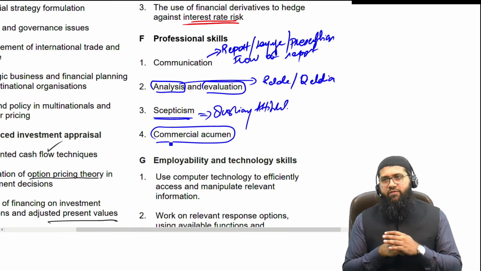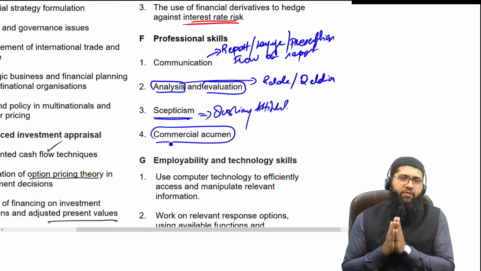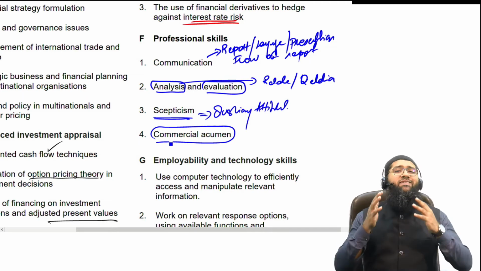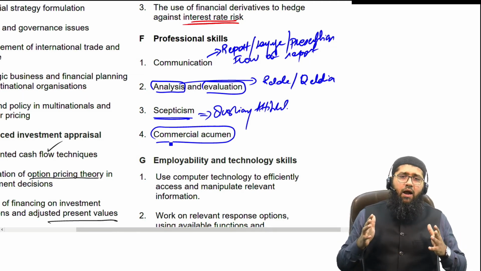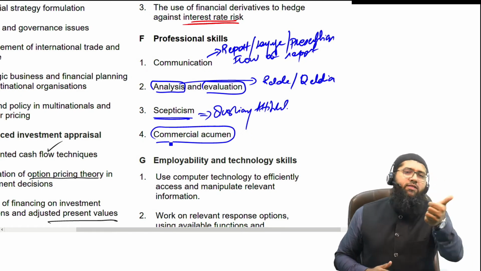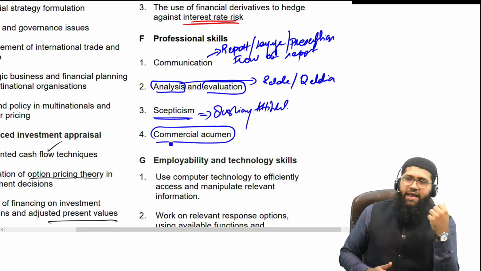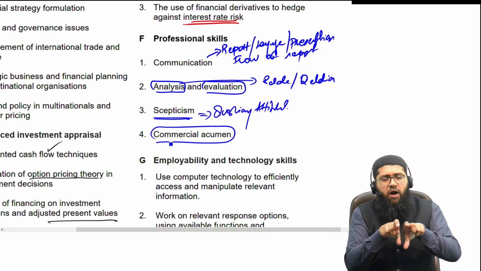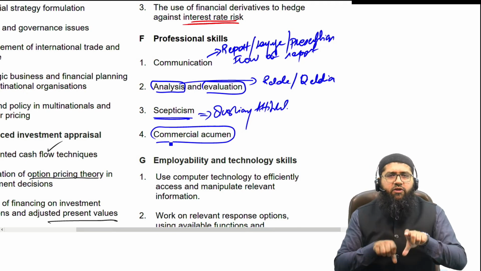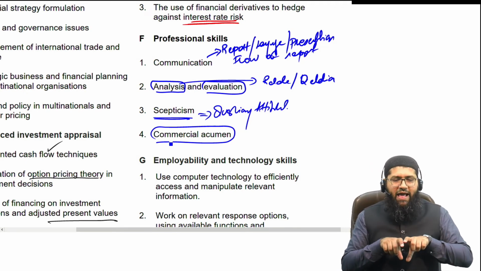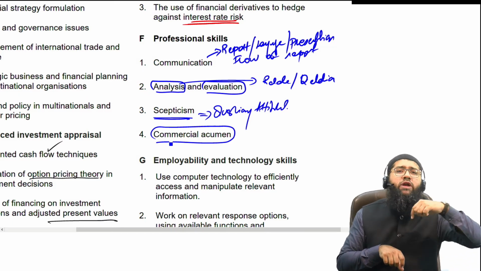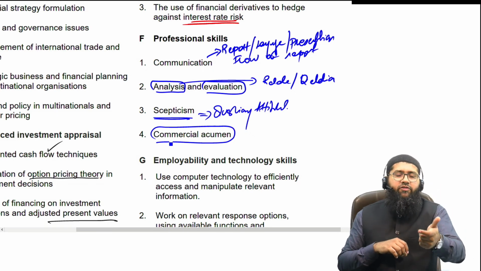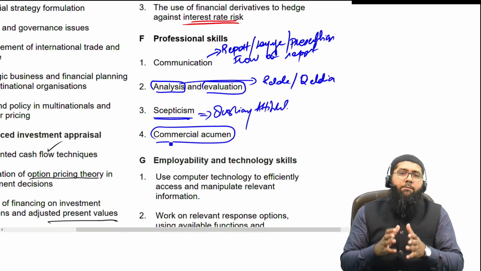Now, having a commercial acumen would mean that you take decisions which are legal, which are ethical, but at the same time, they should be making commercial sense. They should be benefiting the organization commercially. Like if something is not illegal and you have a decision to make, you should probably go for a decision which is more of a commercial nature. You should have a recommendation which sounds more commercial, which is commercially beneficial, commercially viable for the organization. That's a demonstration of commercial acumen.